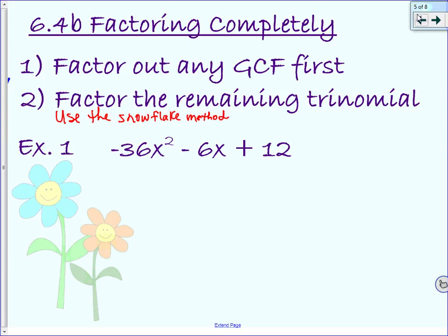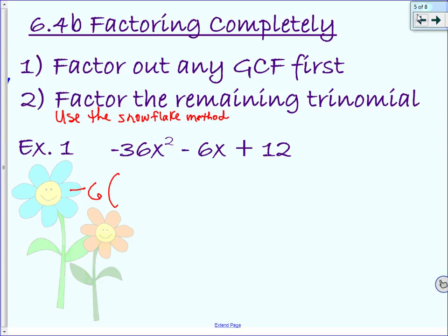So the GCF, I'm going to say, is -6. And then it makes your trinomial have a positive x squared term, which is preferable. So if I take out a -6, -6 times what, Twinkle, is -36x squared?